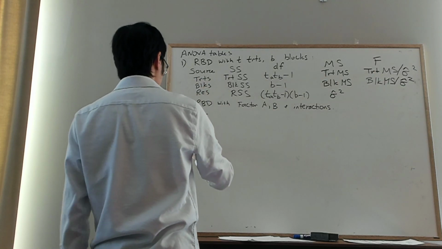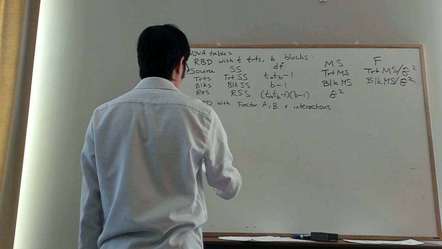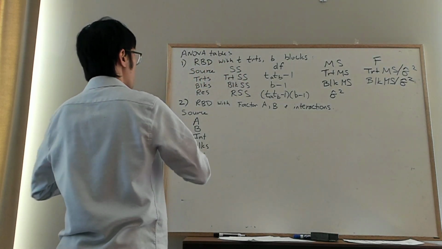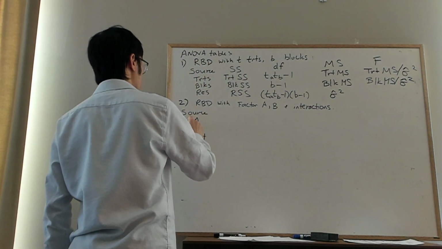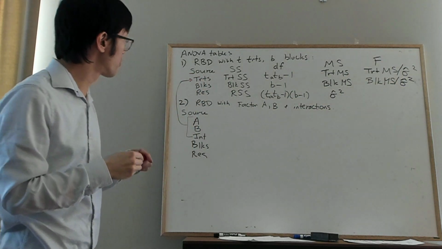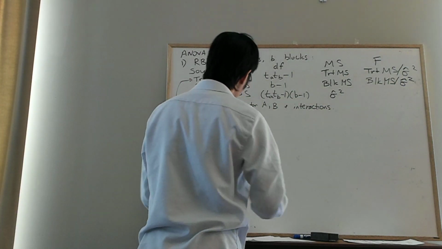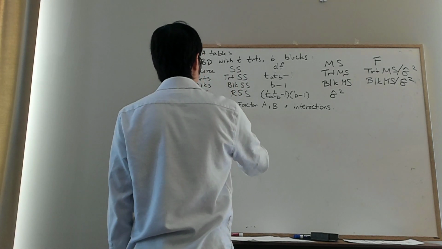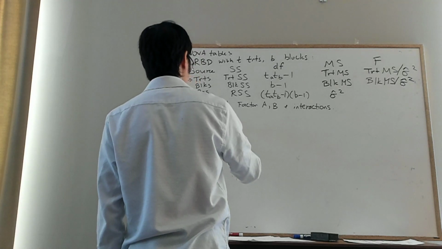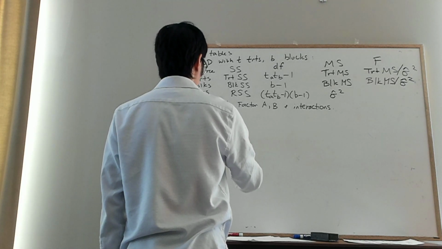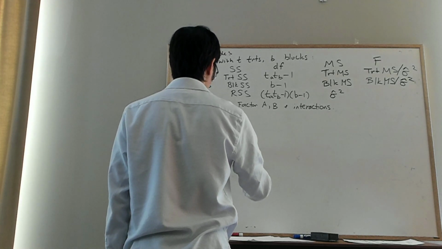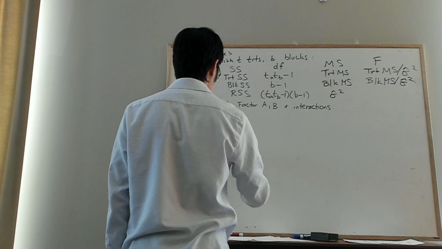Then blocks and residual I'll just copy down. Remember that A, B, and the interaction correspond to the treatments. For the sum of squares, we saw the expressions again, so we just use the shorthand: sum of squares A, B, interaction, block, and then residual.